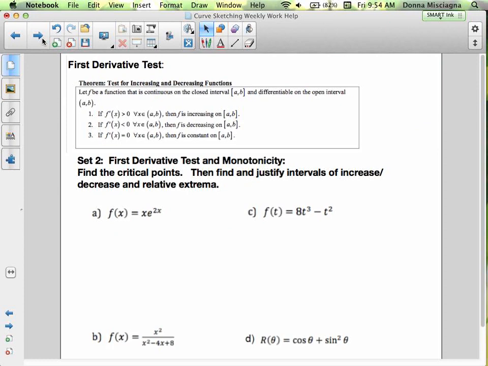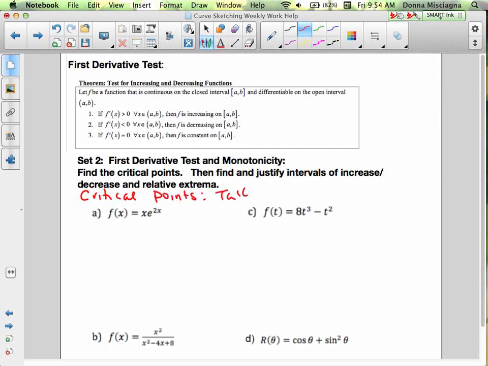Next set. First derivative test and monotonicity. You're finding the critical points, exactly the same as before. These are the critical points for the first derivative.